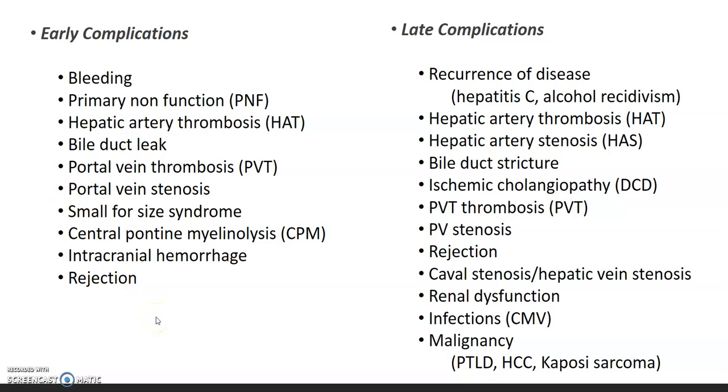Bleeding is one of the most common reasons for these patients to go back to the operating room. Other main complications which will require a retransplant are primary non-function, hepatic artery thrombosis or portal vein thrombosis. Bile duct leak can also happen, along with the other listed complications immediately after surgery or sometime later.